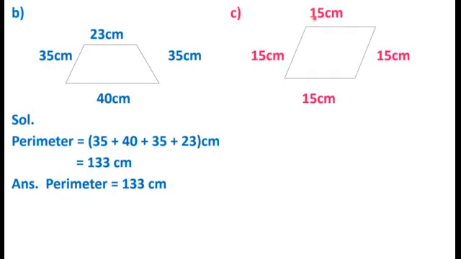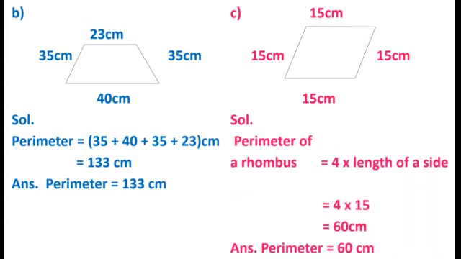Next one, you can see it is a rhombus, all the sides are equal and the angles are not 90 degrees. So how can we find the perimeter of this? Either we can add all the sides' lengths, or we can do 4 into length of one side.